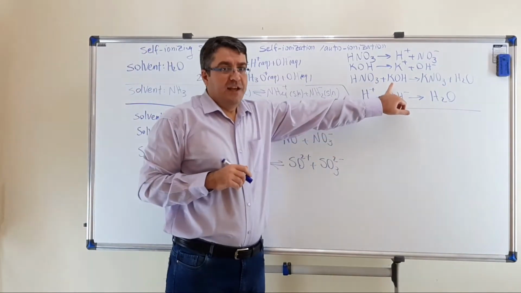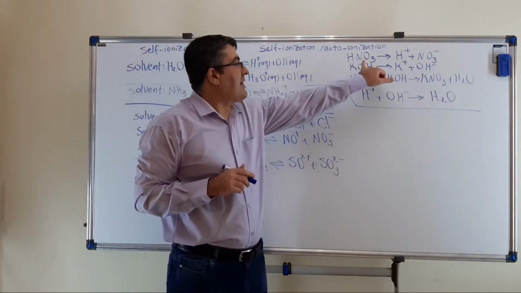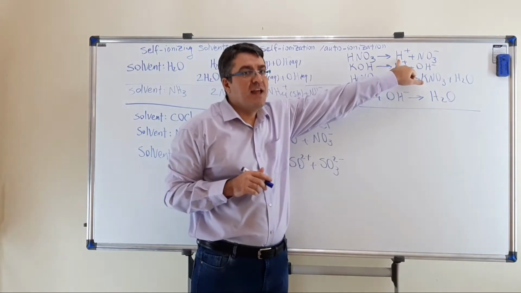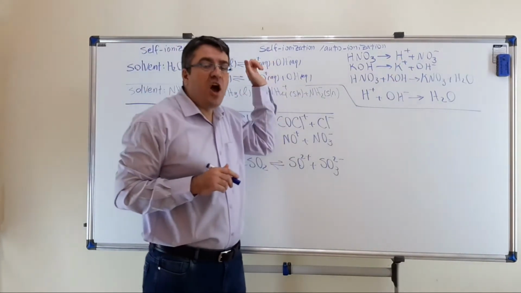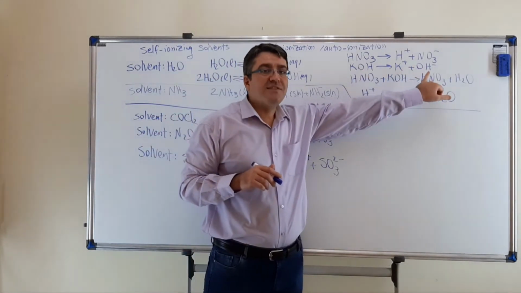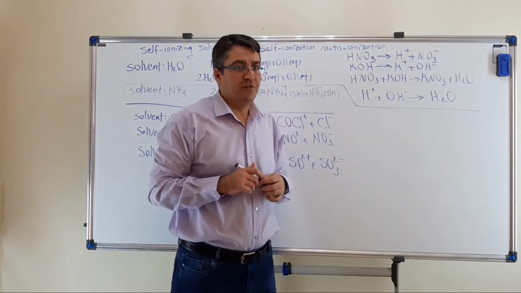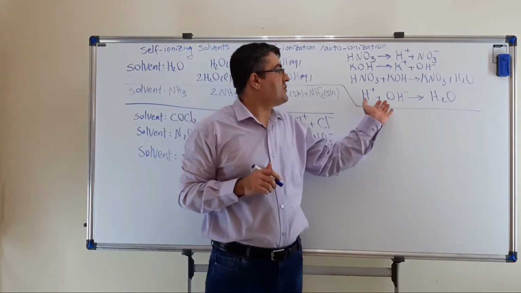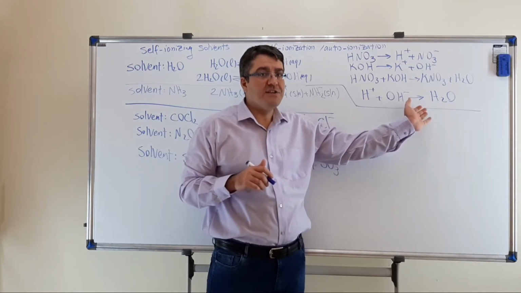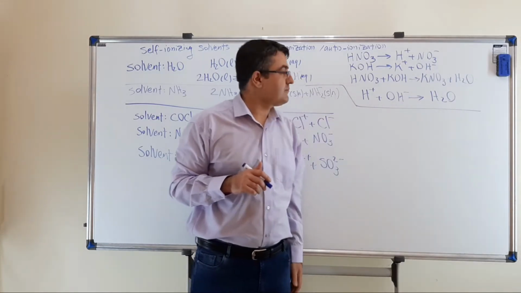Here you see that based on water-based Arrhenius acid-base theory, an acid increases the concentration of H+, the characteristic cation of the solvent water. A base increases the concentration of OH-, the characteristic anion of the solvent. And acid-base reactions are in fact reactions between characteristic cations and anions, yielding solvent as one of the products.